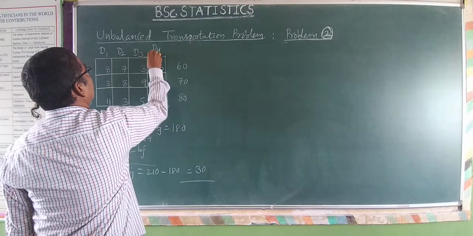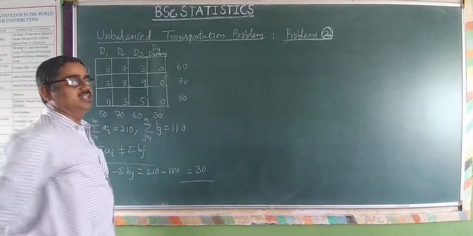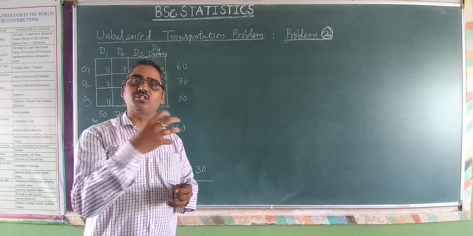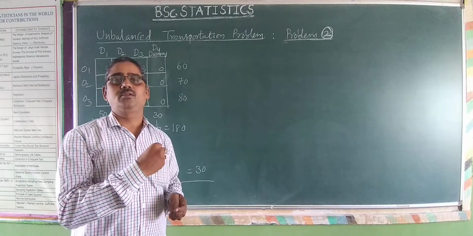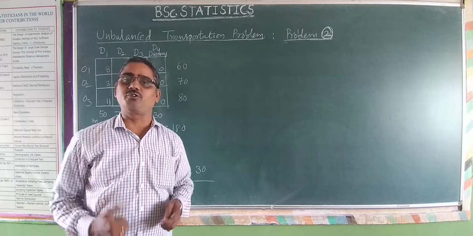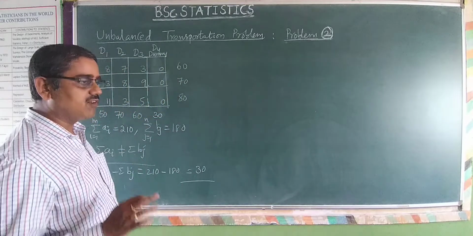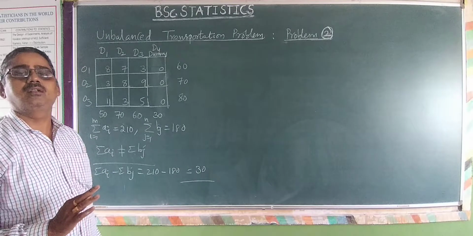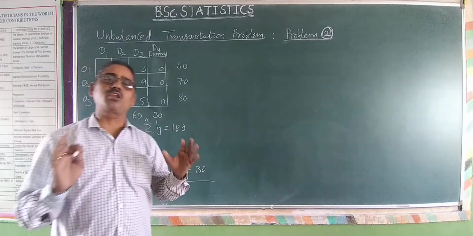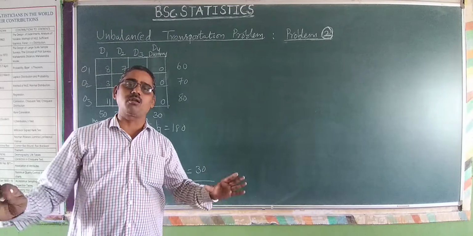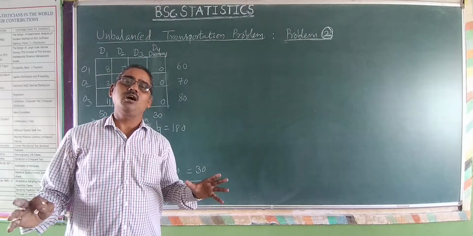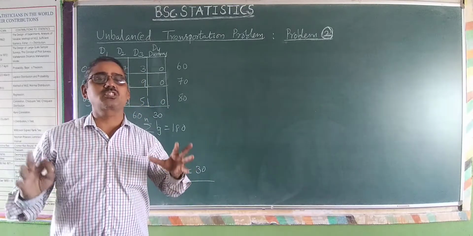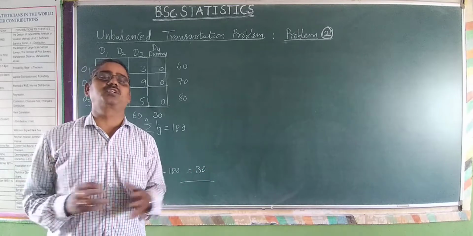D4 is a dummy destination. From this dummy destination, no requirement is supposed to be met from any origin. So there is no question of transporting; it is only used for the calculation. We use this dummy destination only to get the solution. Whatever calculations we do are only for the purpose of getting the optimum solution.